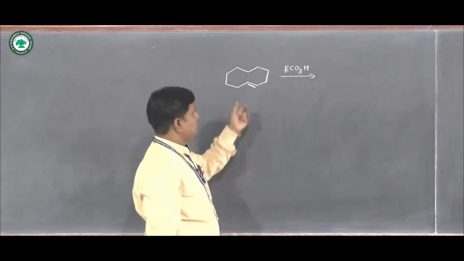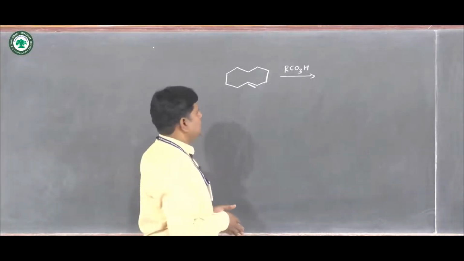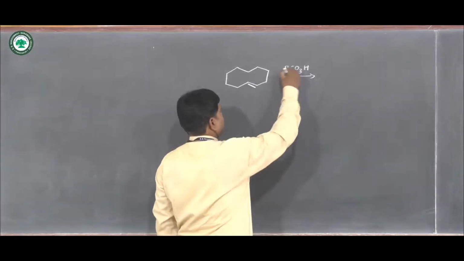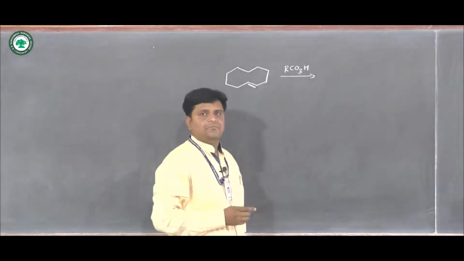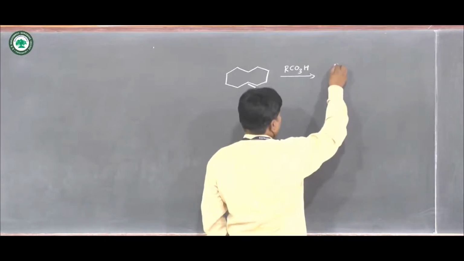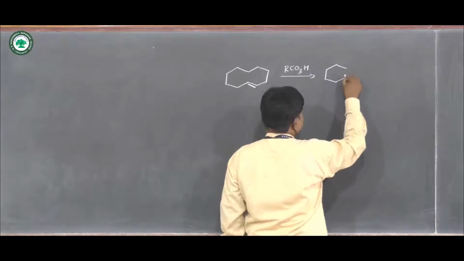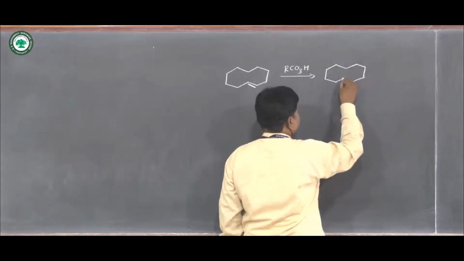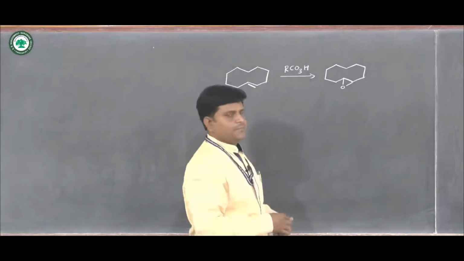When a per acid reacts with this type of medium-sized ring system, the double bond is converted in the presence of the per acid into the corresponding epoxide. So here this is an epoxide.